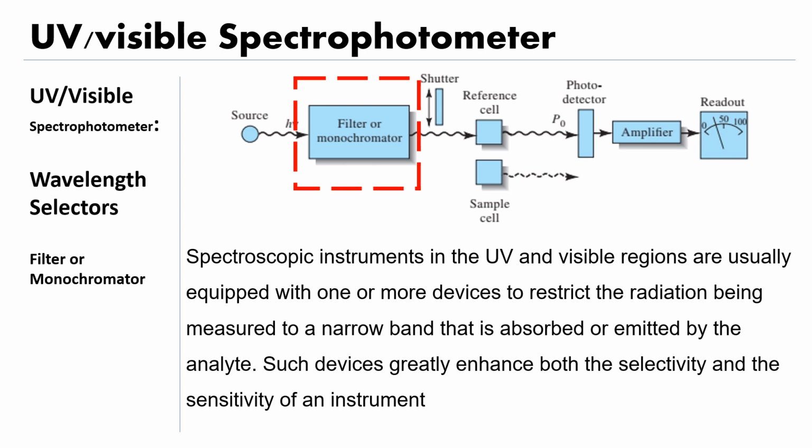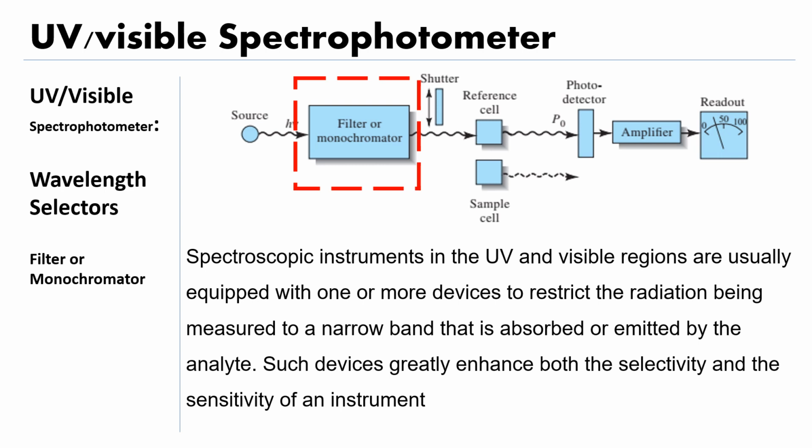Spectroscopic instruments in the ultraviolet and visible regions are usually equipped with one or more devices to restrict the radiation being measured to a narrow band that is absorbed or emitted by the analyte. Such devices greatly enhance both the selectivity and the sensitivity of the instrument.